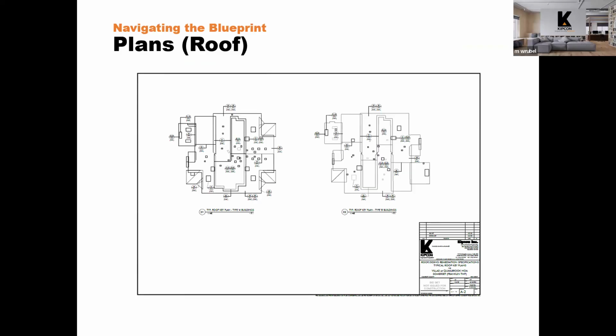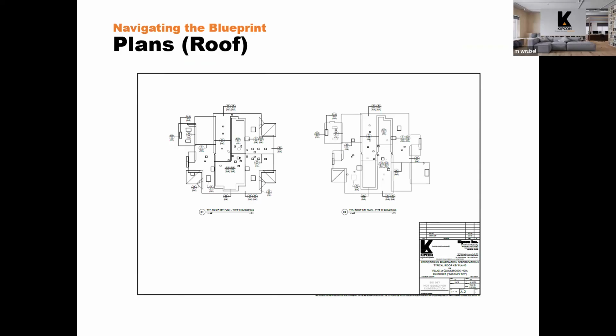So this would be if you were hovering above the roof. We're going to start with plan views. Most design sets start with a plan view, whether it's a site plan or whether it's a building. We're going to start from the outside of the building and look straight down on it. So in this case, this is the roof plan. You're at the top of the building, looking down.